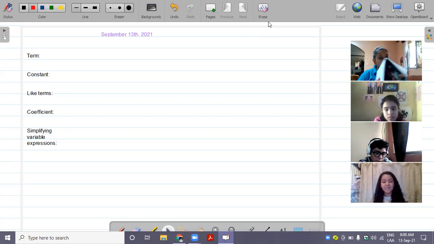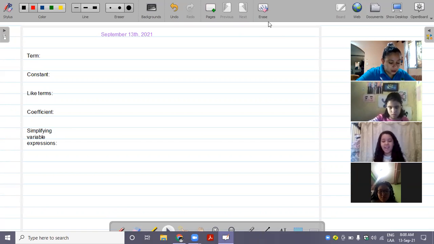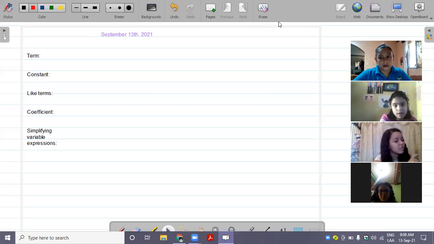What do you think when you hear the word term? What comes up to your mind when you hear the word term? Meaning? Term? What does term mean for you?